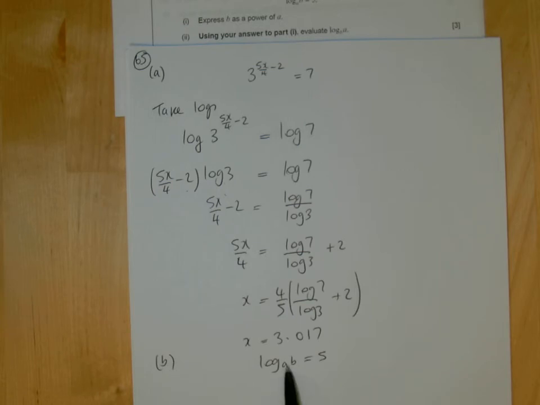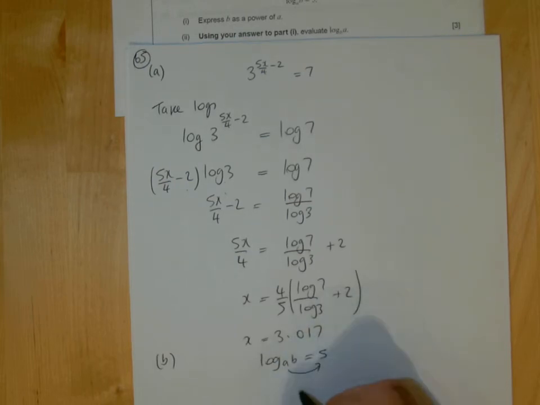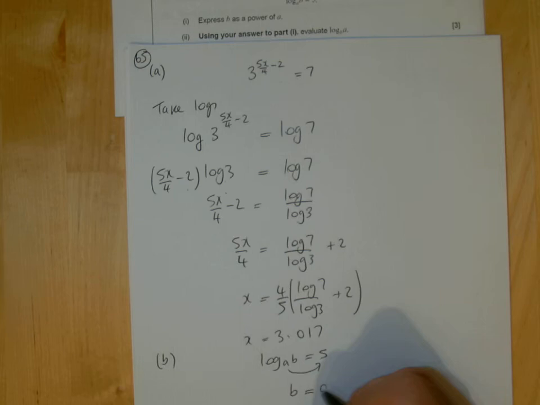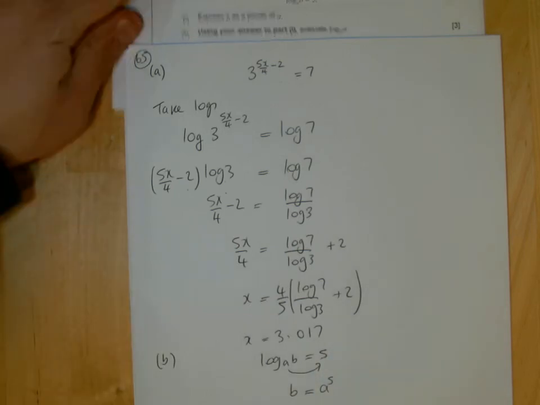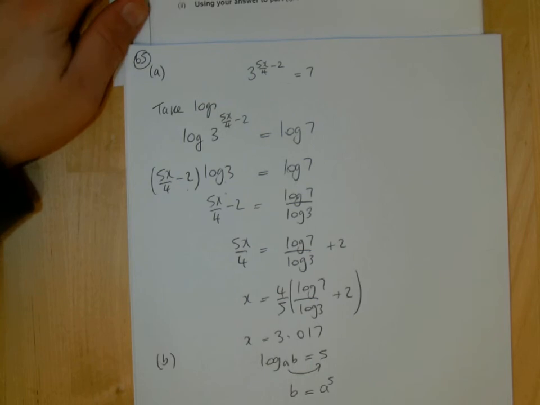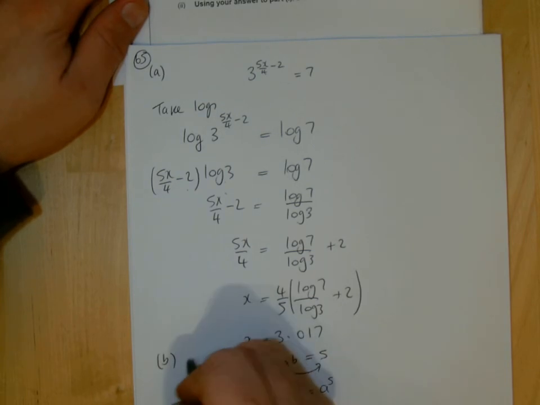Because all you do here is appreciate the logarithm is equal to the power, and a is the base. So you swing the base, get rid of the logarithm. Then when you swing the base over the other side, the logarithm goes, so you've got b equal to the base to that power. So b equals a to the power 5. Alright, so that's part 1 there.